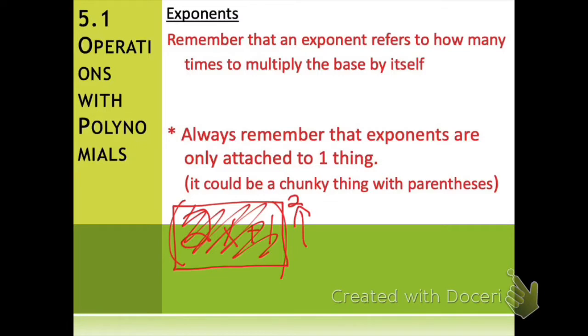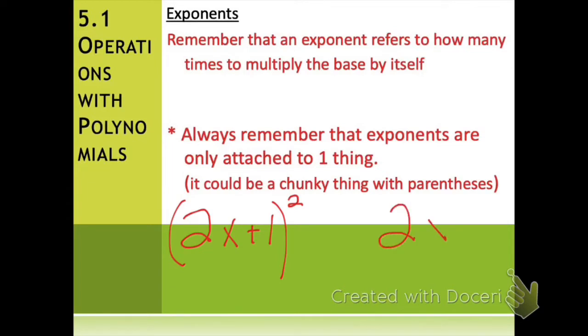That's a little different than if I had 2x to the 3rd power. Now, this 3rd power, this exponent, is only attached to this x. So be careful. Exponents are only attached to one thing.